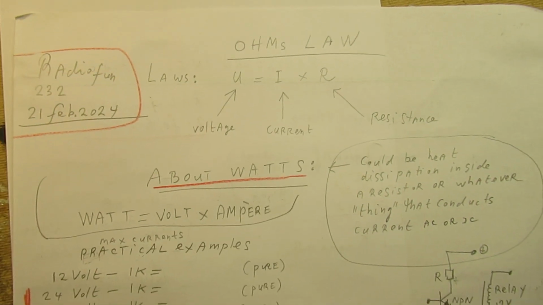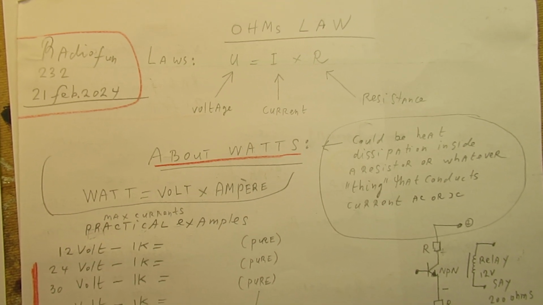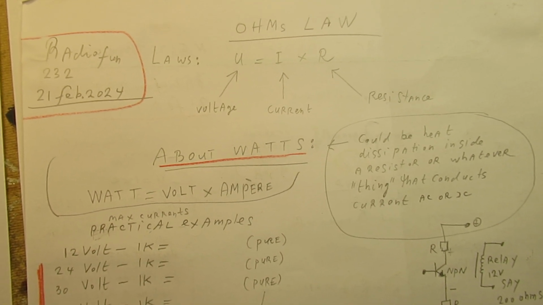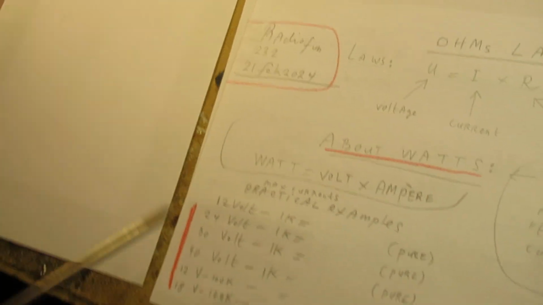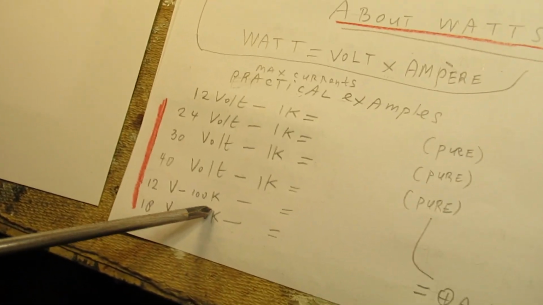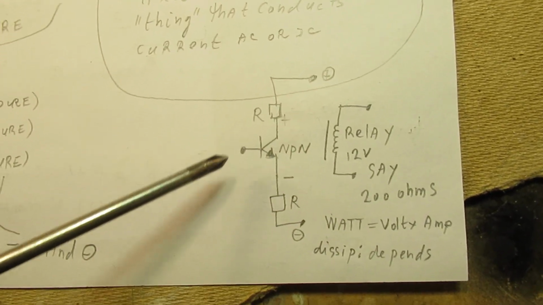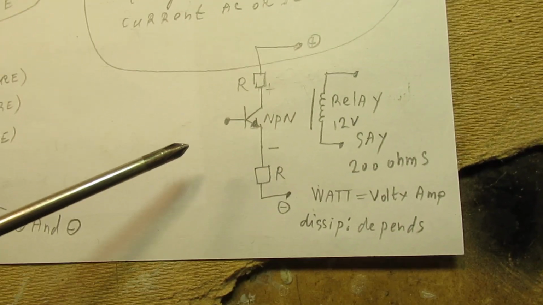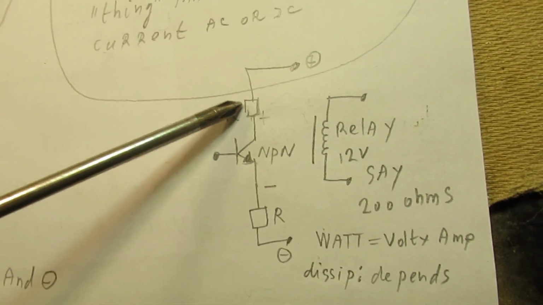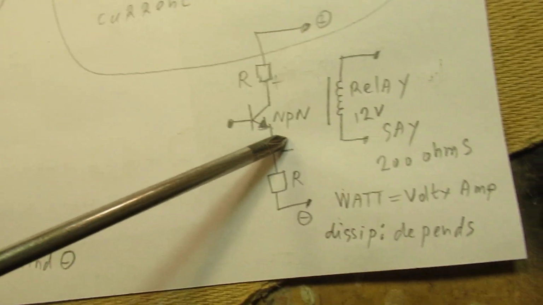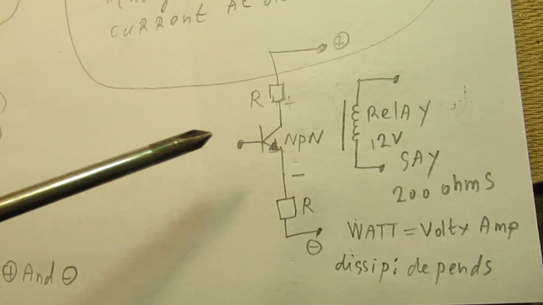And anyway, what's the meaning of all this? Well, there is a lot of meaning. Talking about the maximum current that can flow, when you make an experimental transistor circuit, you must know how high the current is that flows, in this case with an NPN transistor, from the positive to the negative, or reverse, that doesn't matter much.